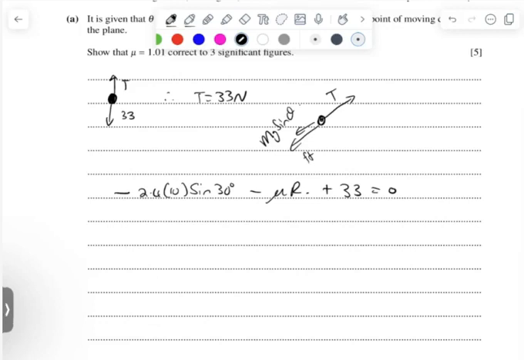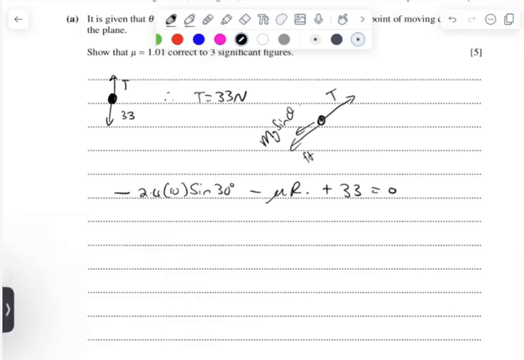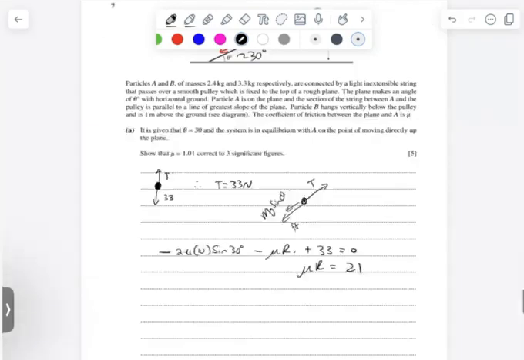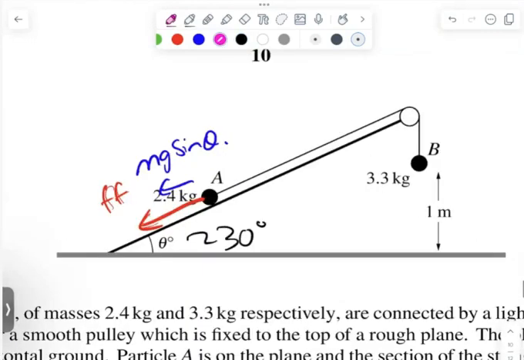So 2.4 times 10 times sine of 30. And then minus 33. Okay, so my mu R is equal to minus 21. So it's equal to 21. I took my other things to the other side. Okay, and my R in this case is just R up, and it's just opposite the weight component acting down.